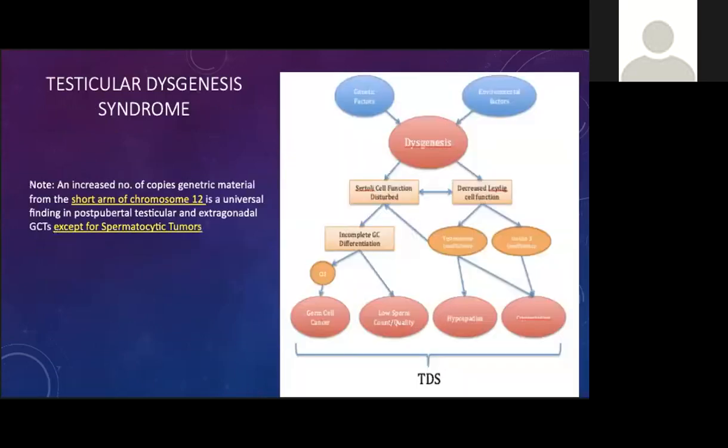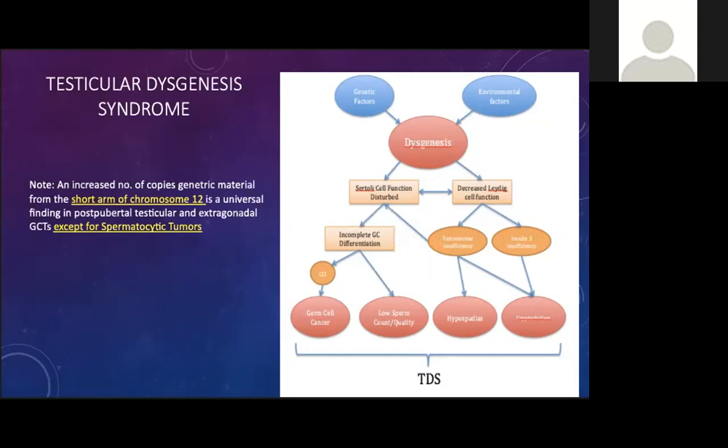So here is the table wherein it explains that testicular dysgenesis syndrome is a male reproduction related condition characterized by the presence of symptoms and disorders such as hypospadias, cryptorchidism, poor semen quality, and testicular cancer. And the testicular dysgenesis syndrome hypothesis proposes that testicular dysgenesis, which has various primary causes, can lead to abnormalities in Sertoli and Leydig cell function.